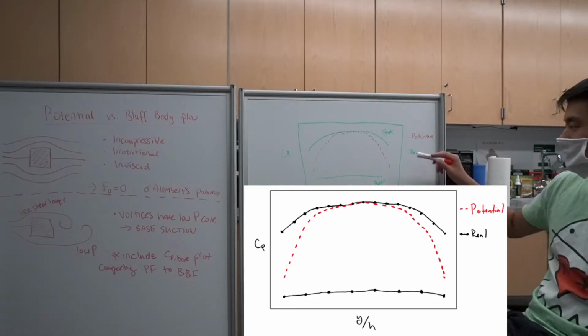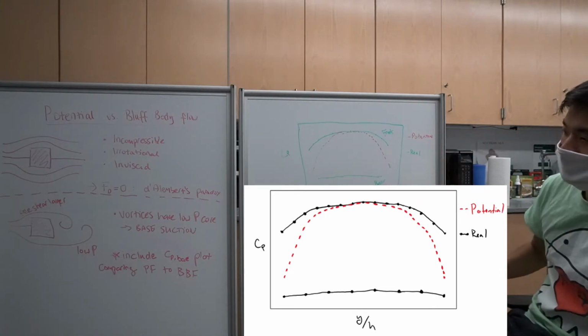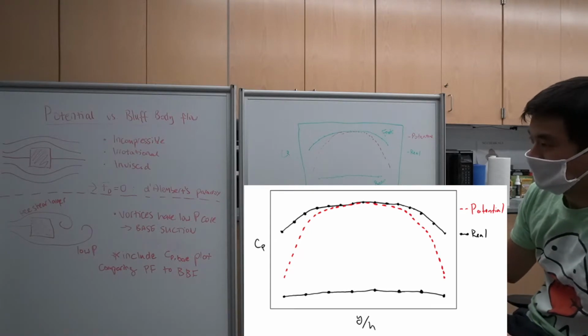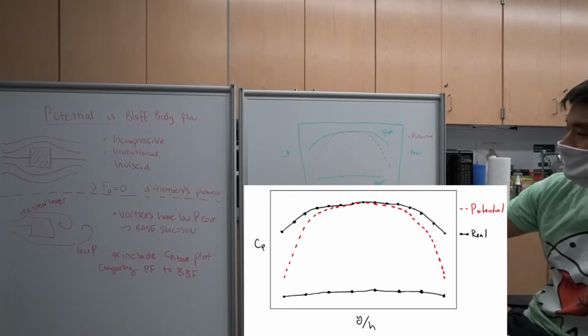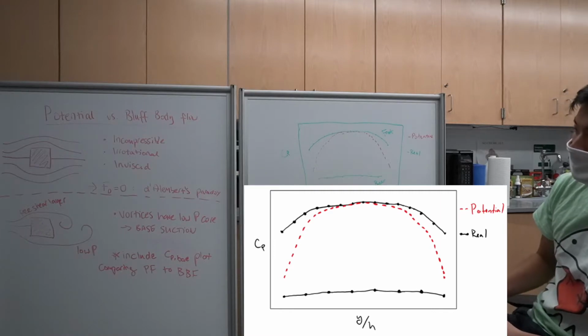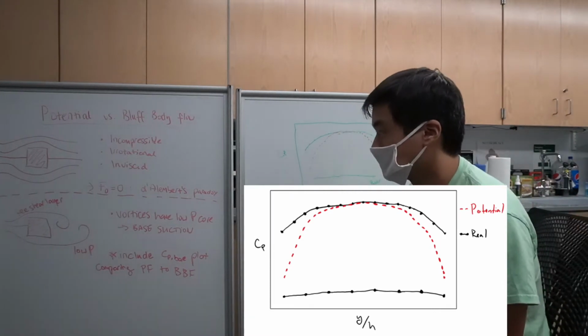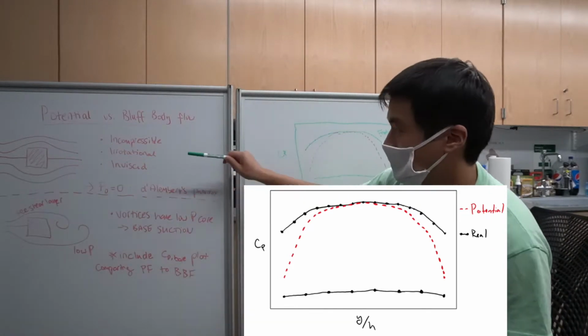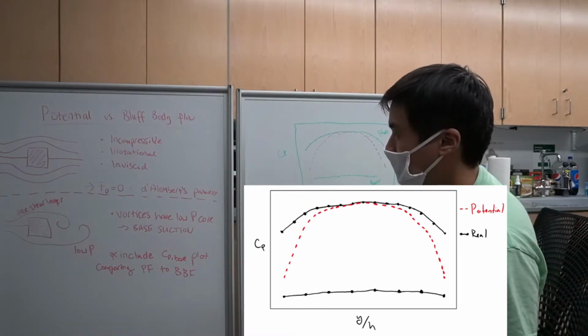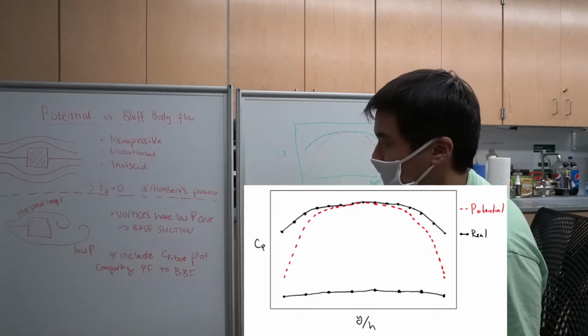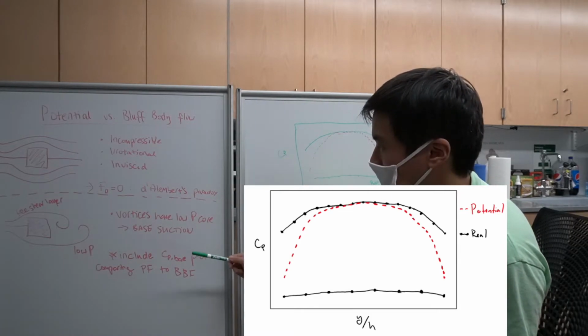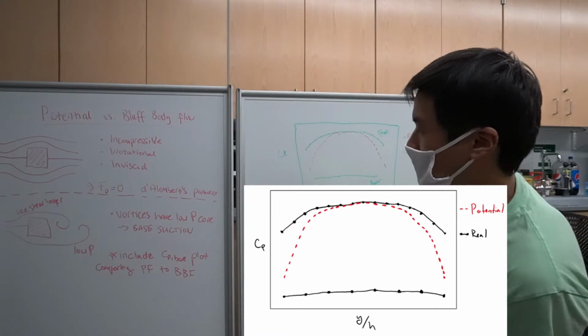And so we can see that the front faces are actually pretty similar until we get towards the edges of the square cylinder. And the reason for that is if we look at our streamlines, we can see that they are similar. But remember, for the potential flow case, the streamlines stay attached to the cylinder the entire time, whereas we get flow separation for our real case.